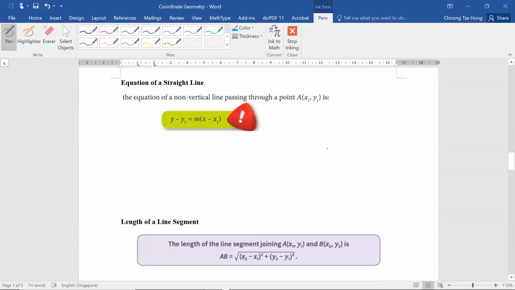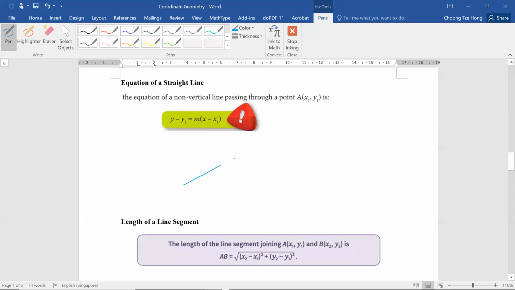Next one will be the equation of a straight line. We can use y minus y1 equals the gradient times x minus x1, where y is a general point on the line, and y1 is a particular point on the line. If you recall, to find the equation of a line, you need two pieces of info.